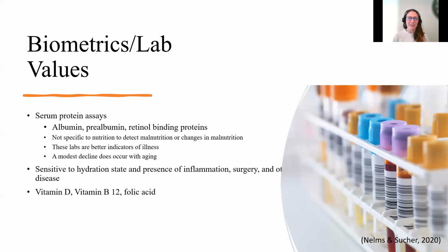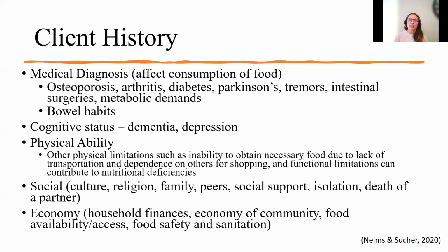I could almost argue that. Vitamin B12 might need to be checked in the geriatric population with that stomach acid decrease. Folic acid, lipids, glucose panels, and hemoglobin A1C can all be helpful lab values to tell the bigger picture of the health of our patient.